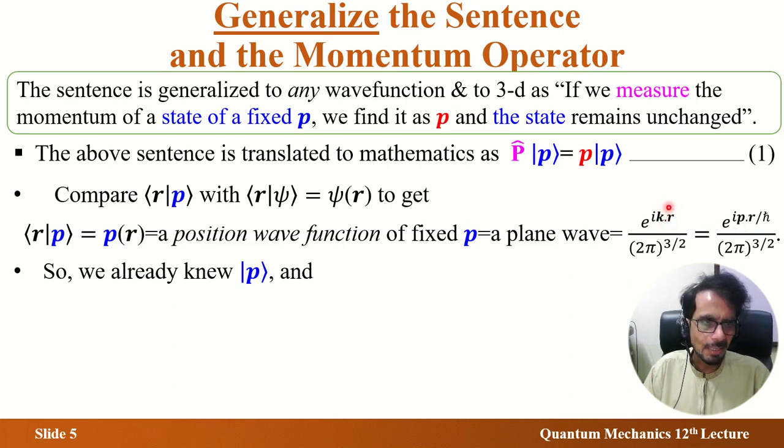So you had kx in 3 dimensions become k dot r, and you have 2 pi under root, and in 3 dimensions it becomes 2 pi to the 3 by 2. And the de Broglie relation says that this becomes p, the wave number is related to momentum.